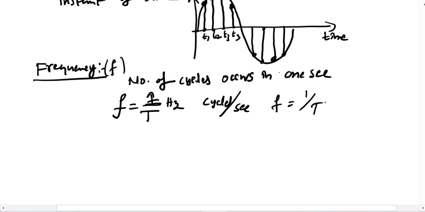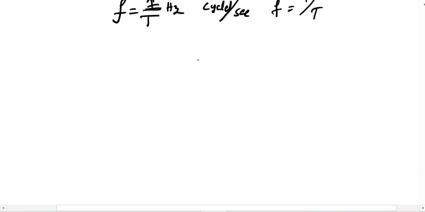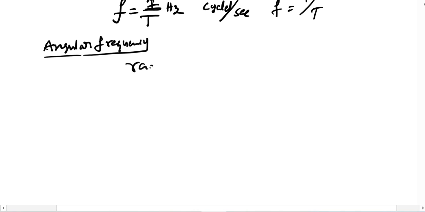That is the definition of frequency. Now, what is angular frequency? Angular frequency is measured in radians per second, and it is also equal to 2 pi by t.